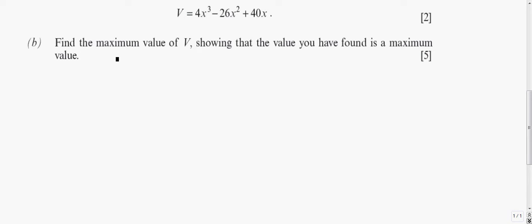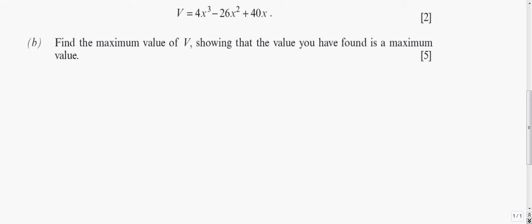Find the maximum value of V, showing that the value you have found is a maximum value. So the way we're going to go about doing this, well, we're talking about maximum values. When we talk about maximum and minimum values of an equation, a good way to consider this is by differentiation. And you're not restricted to applying that to graphs.